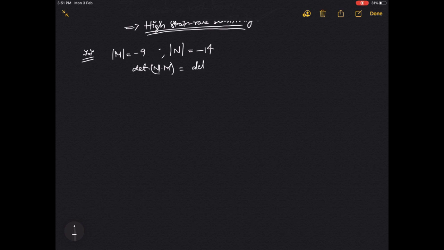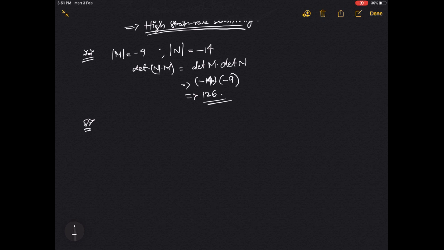We have a direct formula where it is det M into det N, that is -9 into -14. So here the answer will be 14 into 9, that is equal to 126. Okay, so this is a simple maths question that we encountered in this year's paper.